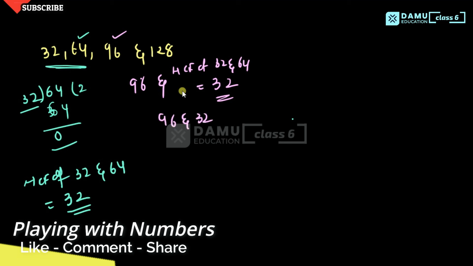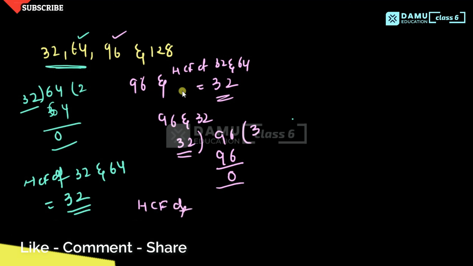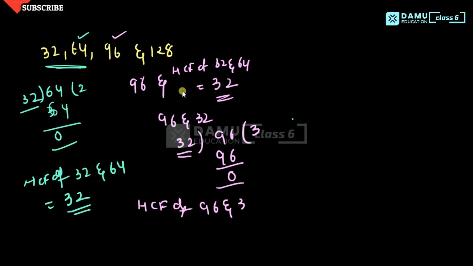Divide 96 by 32. 32 ones are 32, 32 2's are 64, 32 3's are 96. So we are getting remainder 0, where the divisor is 32. Then HCF of 96 and 32 will be equal to 32.